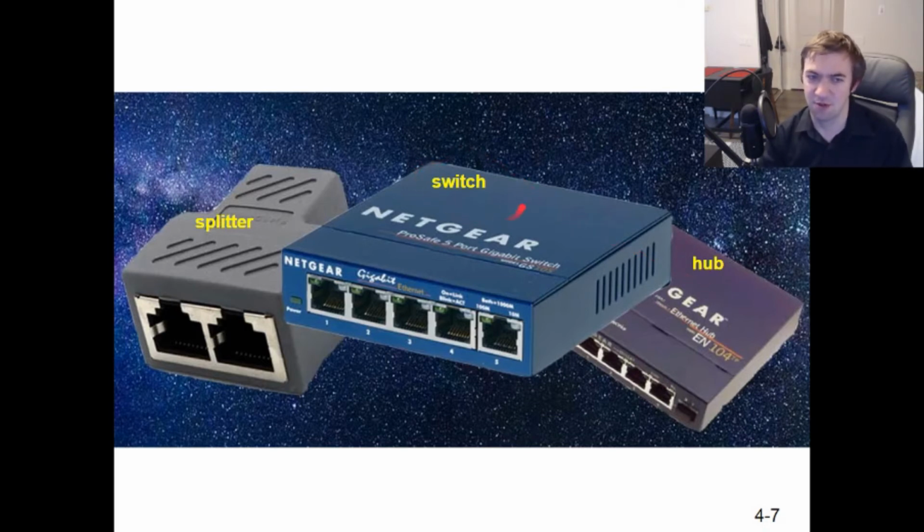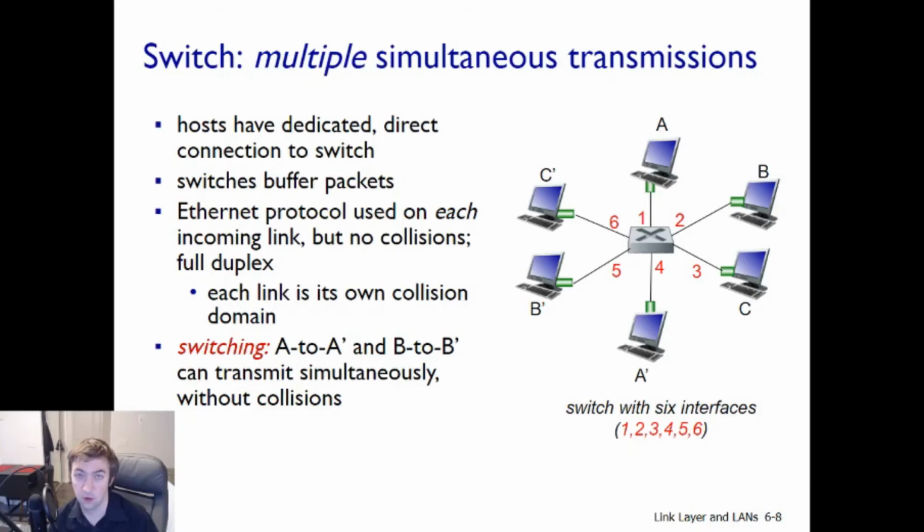Most of the time these days you're going to see switches as the center of most local area networks, which are, as I described already, somewhat more intelligent, self-learning, and plug-and-play. So unlike a hub, an Ethernet switch allows hosts to have their own dedicated direct connections using full duplex. The switches can buffer packets that are used to transmit, and each incoming link uses Ethernet protocol with no collisions.